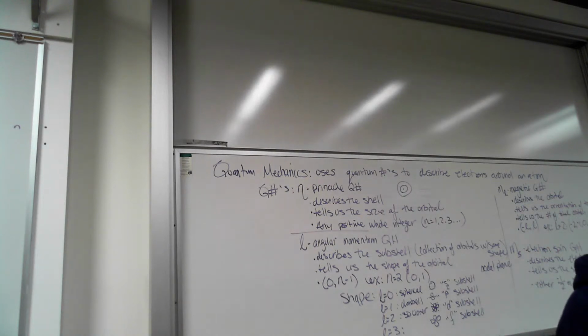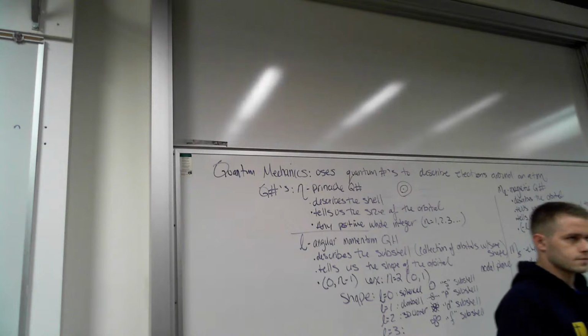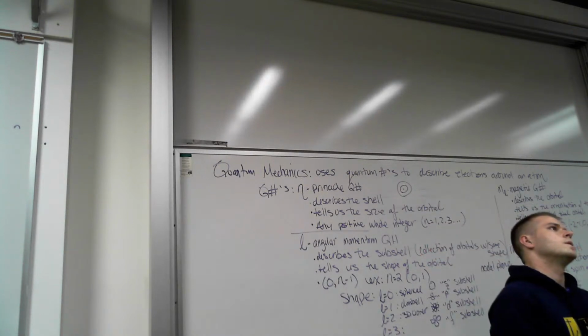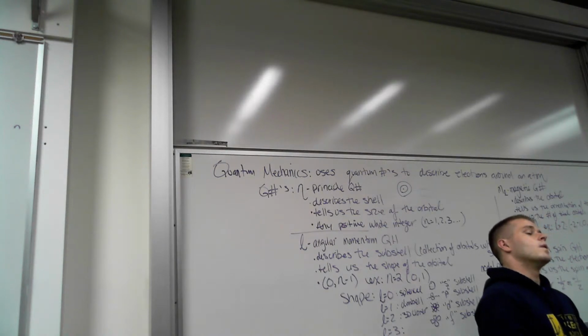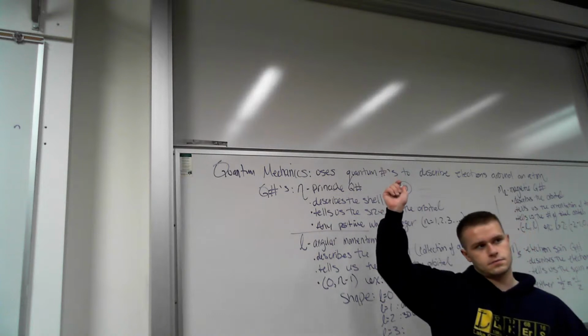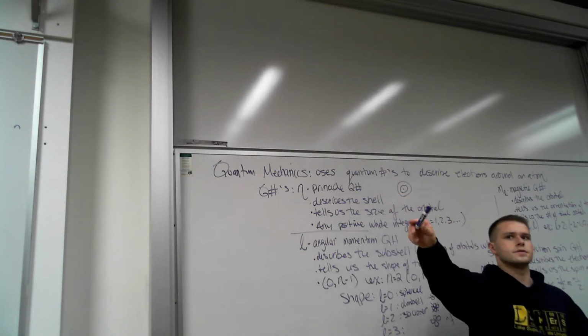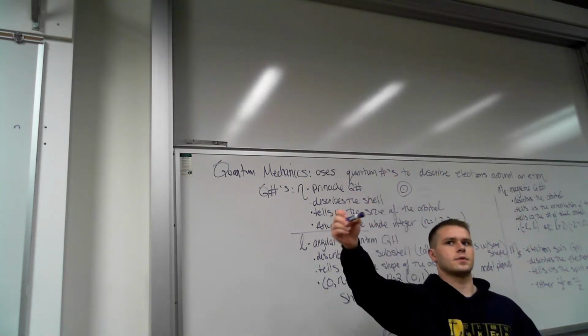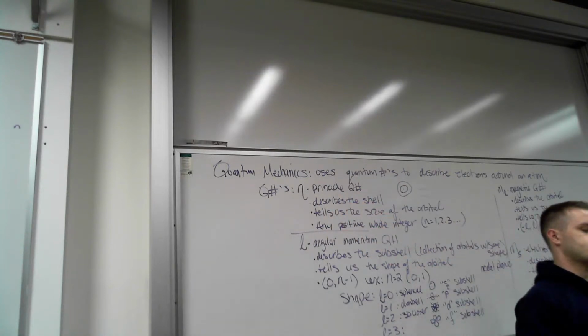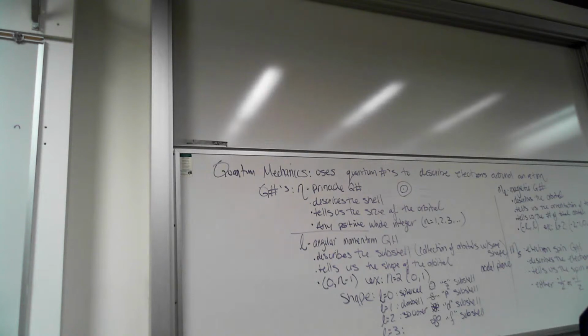So a subshell is kind of more like based on the location in the periodic table, like by row. No, that's your shell. Your shells follow the periods of the periodic table. Subshells are more of a category of orbitals.